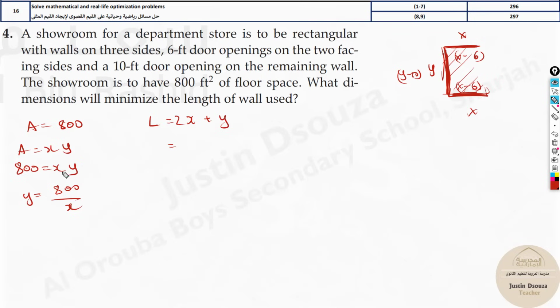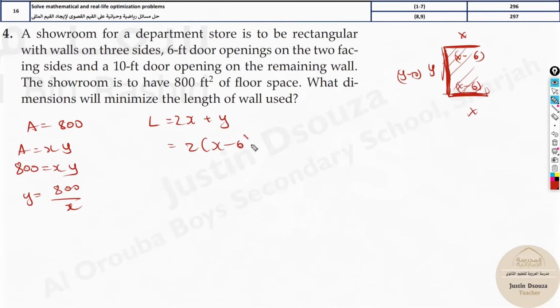See, for area, you can't write x minus 6 because area is this entire length, even including the door space as well, because it's a floor area. But for the length, it's not like that. For length, x is basically x minus 6 because you have to remove the door area, whichever the space for the door, right? Because you're just doing the wall without the door, right? So that's why we use x as x minus 6.